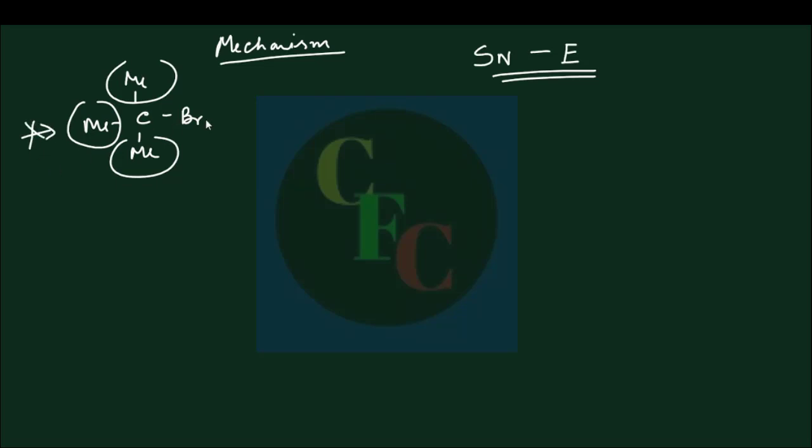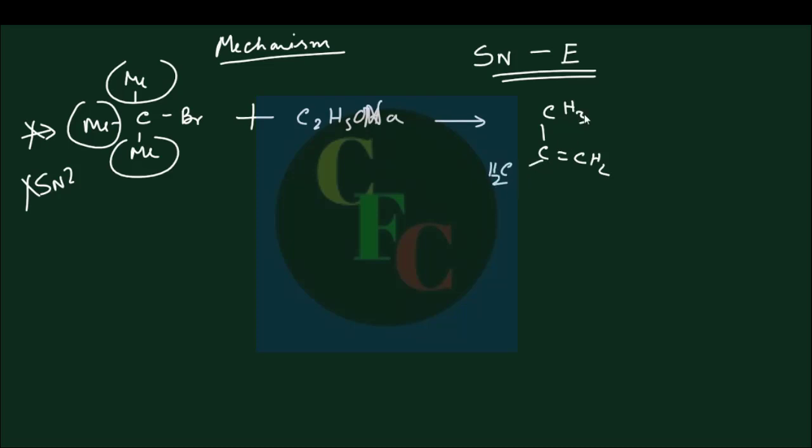So no SN2 mechanism will occur here. In fact, it was found that this reaction with sodium ethoxide, giving rise to this alkene, has a rate that is proportional to both the tertiary alkyl halide and the ethoxide ion.